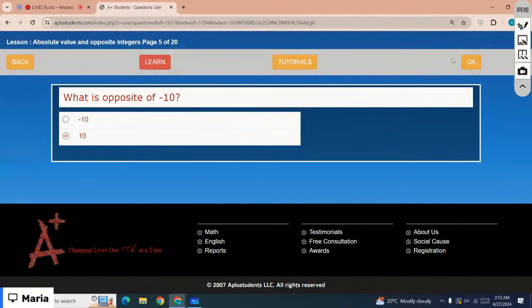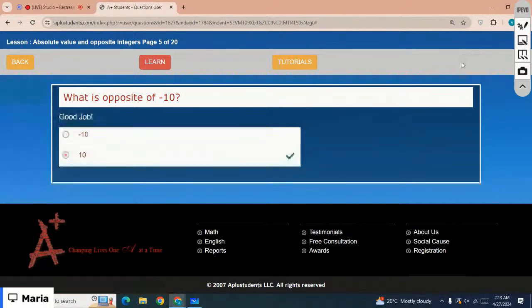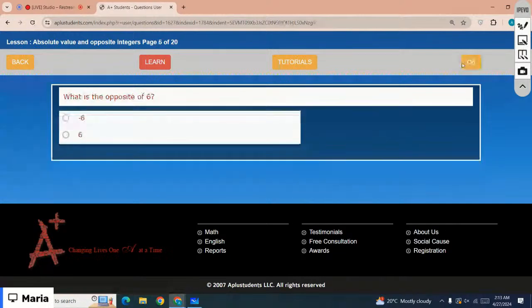Yes, positive 10 it is. The correct option is 10. What is the opposite of 6?